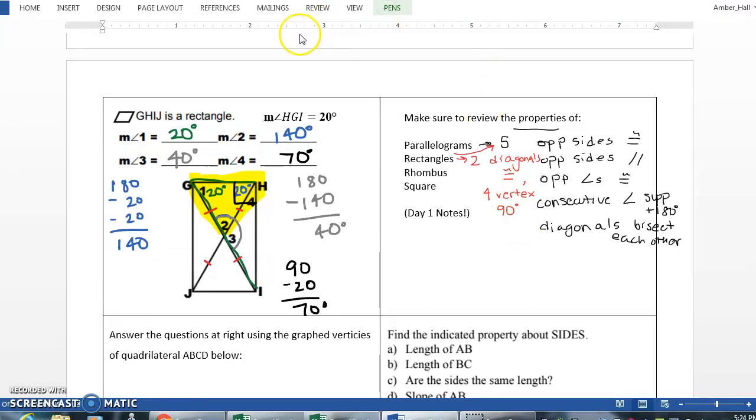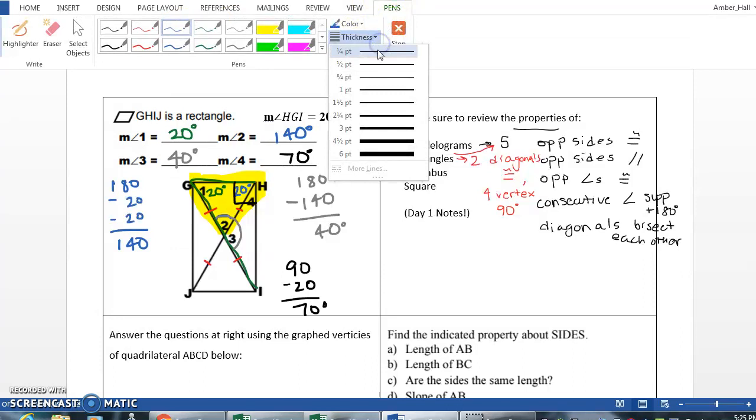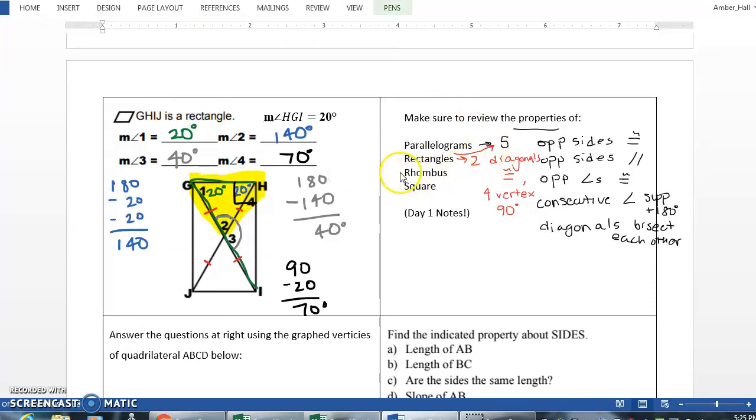Okay. Next, we have rhombuses or rhombi. Rhombi also have all of the properties of a parallelogram, so all of those 5, plus 3 more. Rhombuses have 3 more properties.